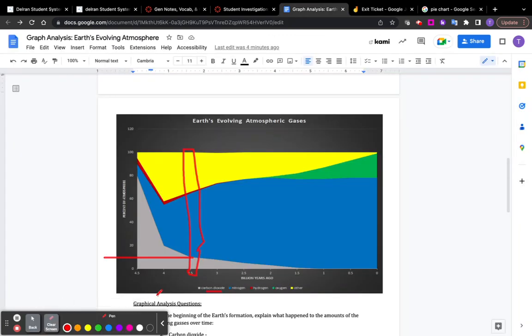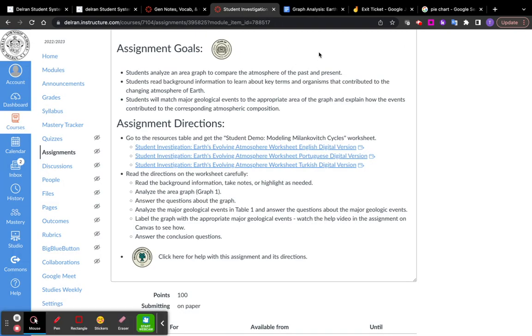All right. Now, this big blue part, that's nitrogen. So you might initially think, all right, 3.5 billion years ago, 60% of the atmosphere was nitrogen. But remember, it's like a pie chart. This down here, this carbon dioxide is 10%. So between 10 and about 60, that would be nitrogen.